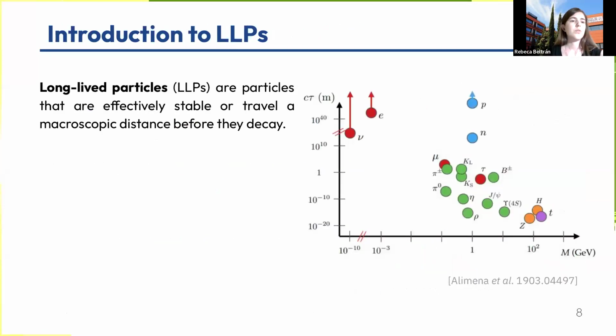Okay, so for those who have not heard of LLPs yet, these long-lived particles are basically particles that travel macroscopic distances before decaying, or that even remain stable within collider sizes.